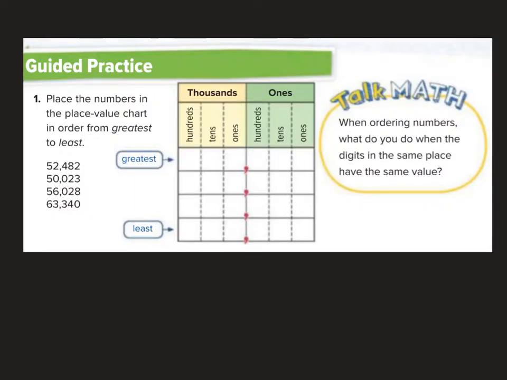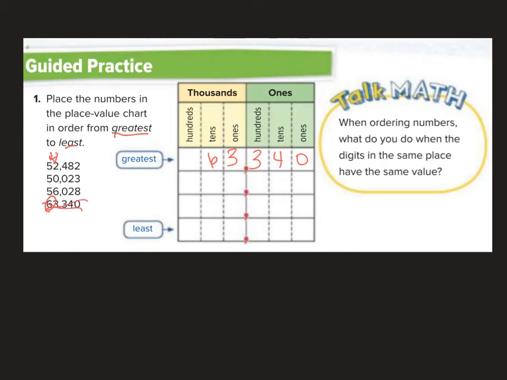Guided practice. Place the numbers in the place value chart in order from greatest to least. Okay, so greatest, let's compare. If we look at the 10,000s place, we notice that 6 is the greatest digit. So we're going to put 63,340. Cross it off so I don't look at it again.